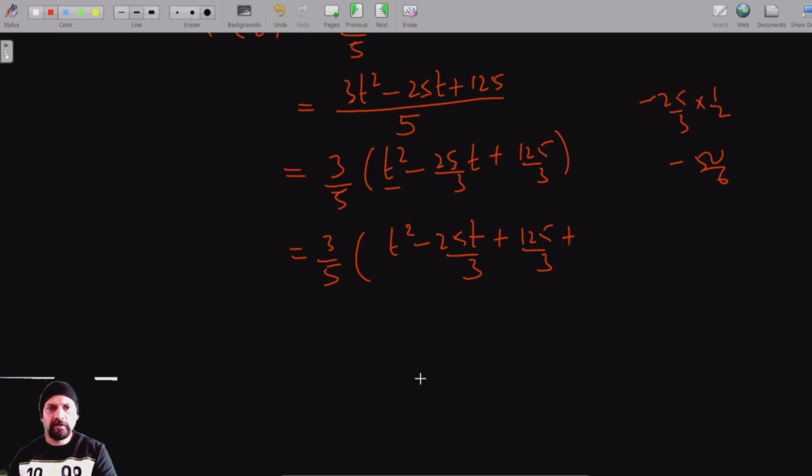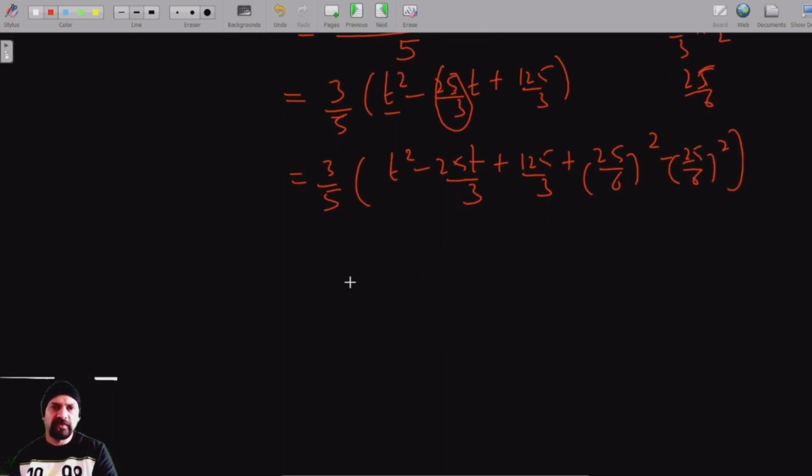We just multiply the coefficient of t by half, which gives 25/6. So I'm going to add and subtract the square of 25/6.